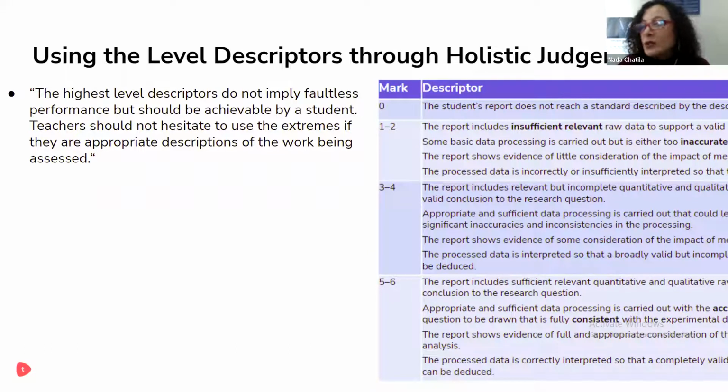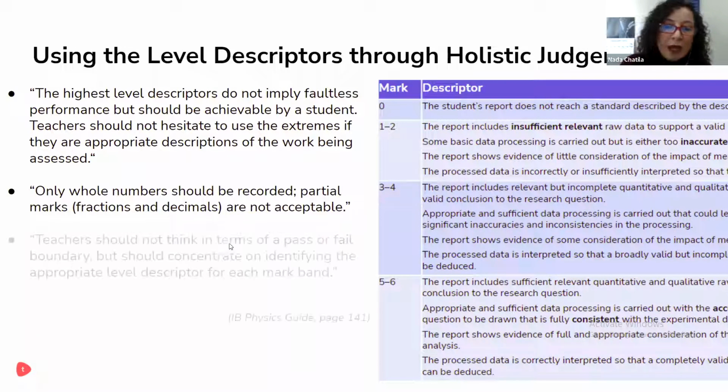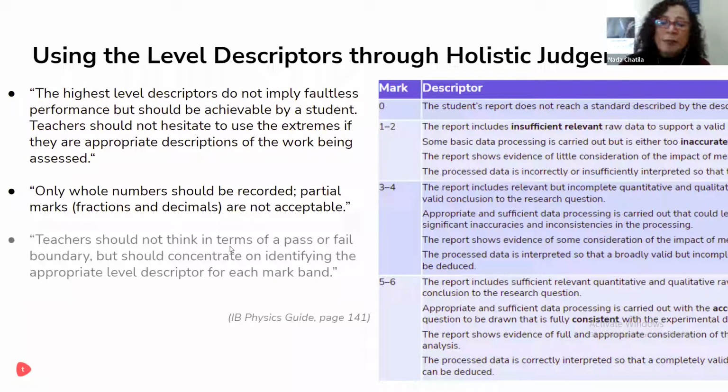We do allow students' work that has some inconsistencies, but it is really excellent, to be awarded a full mark for the criterion. Only whole numbers should be recorded, and we should not really think of pass or fail. We should always concentrate on identifying the appropriate level descriptor.